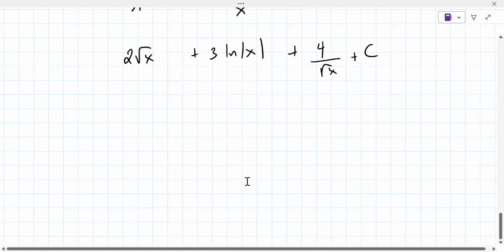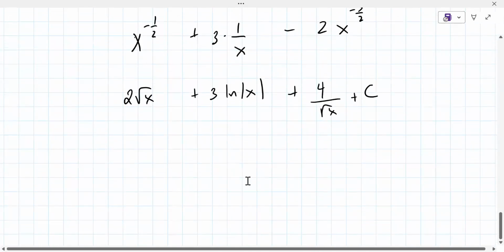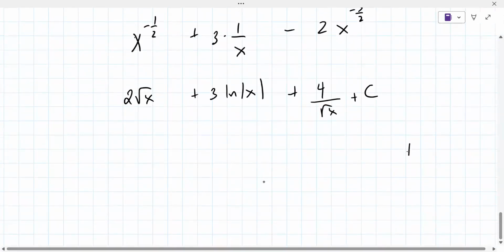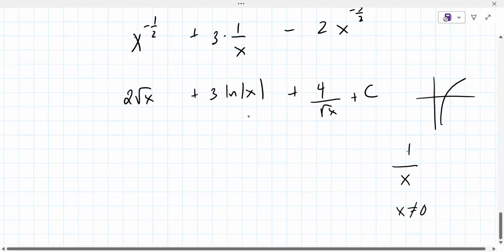Do you have a short but simple answer about the absolute value? So 1/x has a domain restriction where x cannot be 0. It's also not continuous, and the natural log is actually only defined this way.